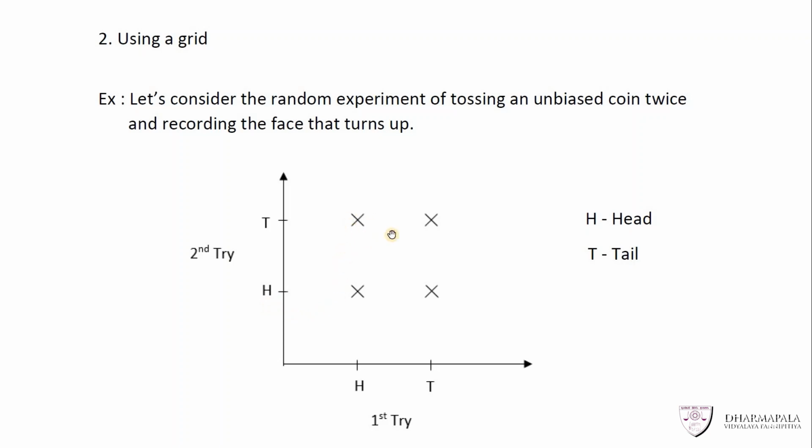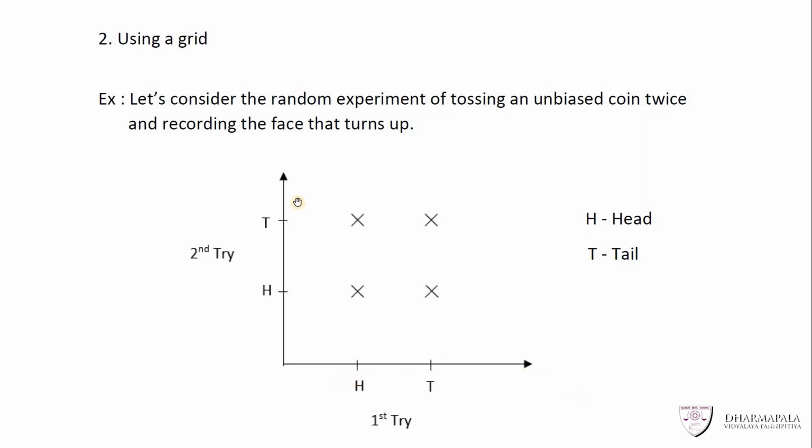Like that we can use crosses to represent outcomes in the sample space. This cross represents first try head, second try tail. Like that there are 4 outcomes. Using the grid also we can represent the sample space.